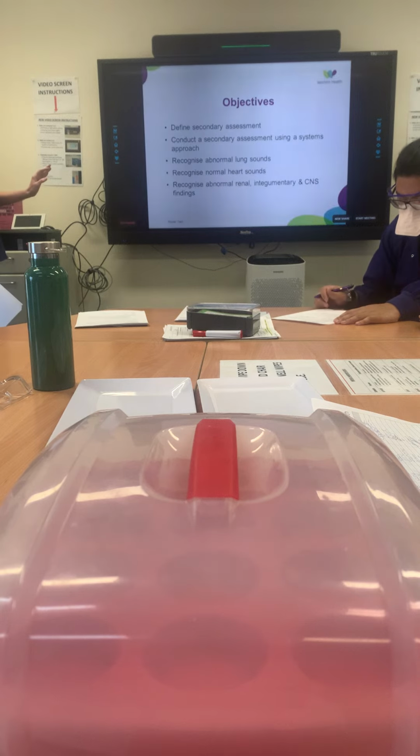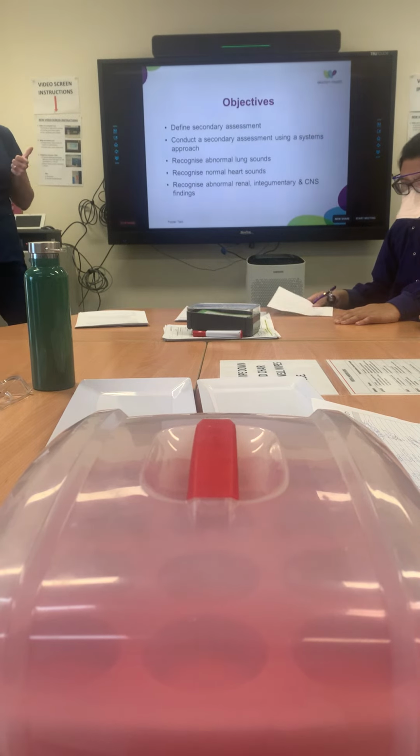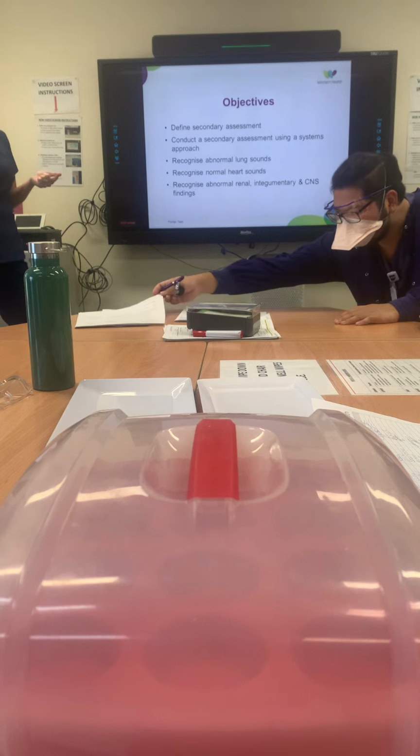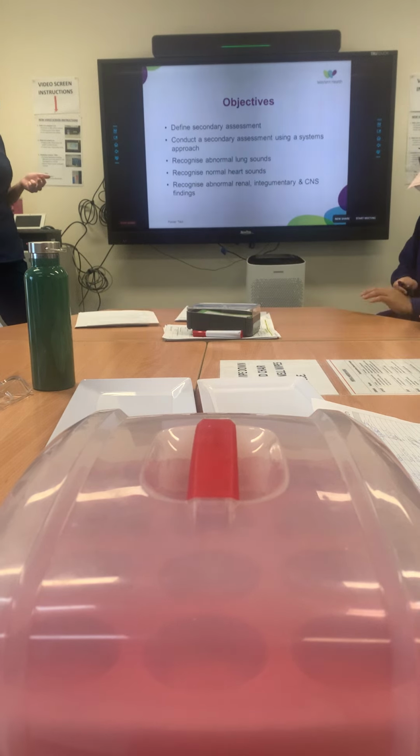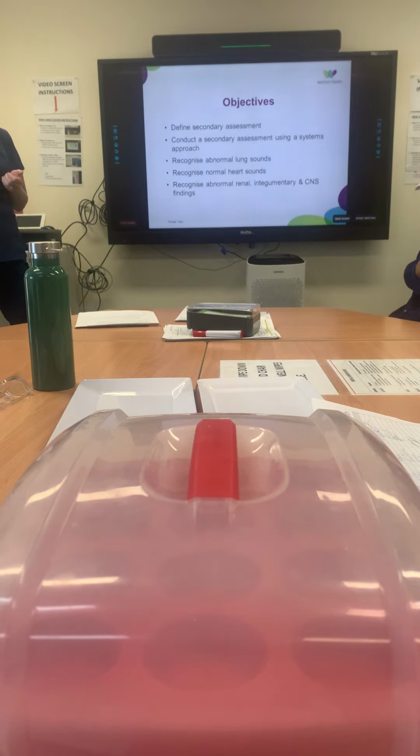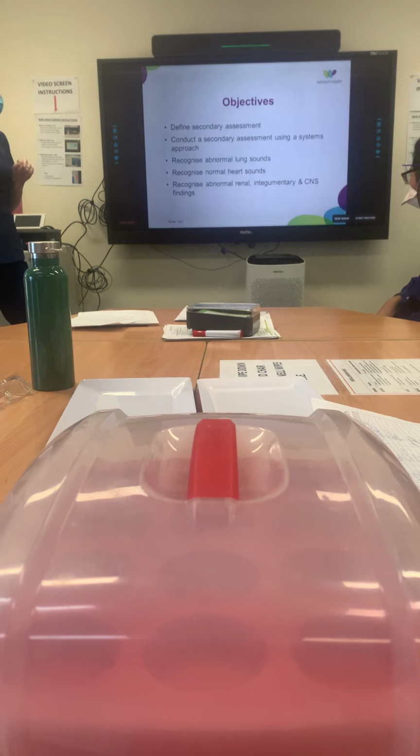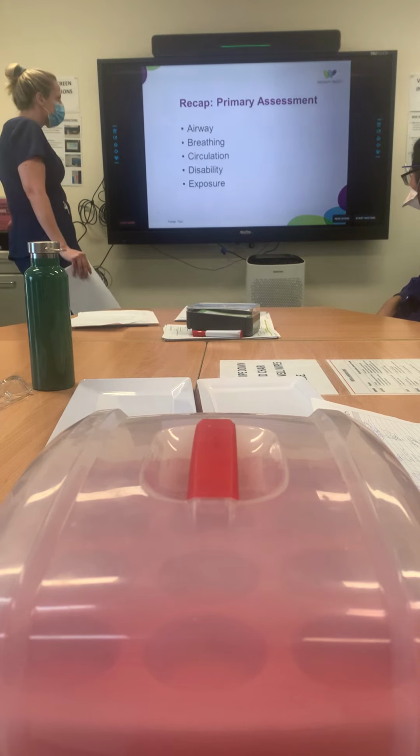Alright, so objectives today are: define what a secondary assessment is, conduct a secondary assessment using a systems approach, recognising abnormal lung sounds, recognising normal heart sounds, and then recognising abnormal renal, integumentary, I can never say that, so skin, CNS, vitals.